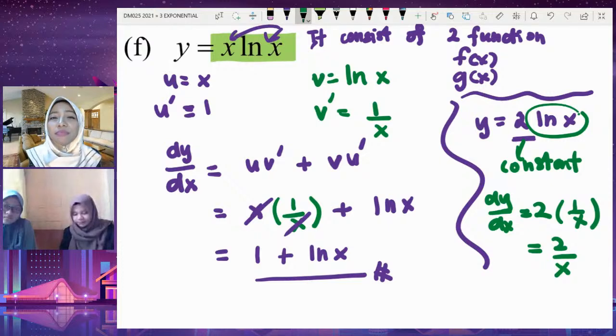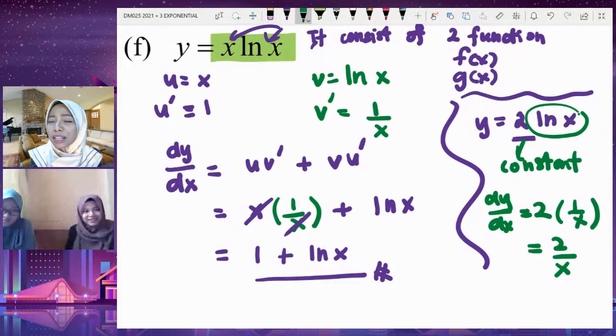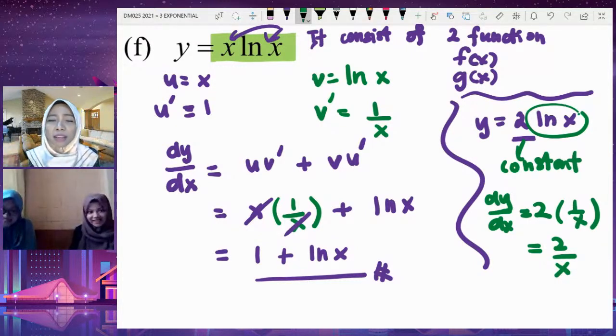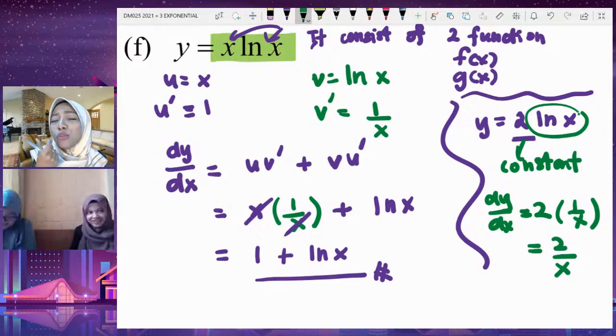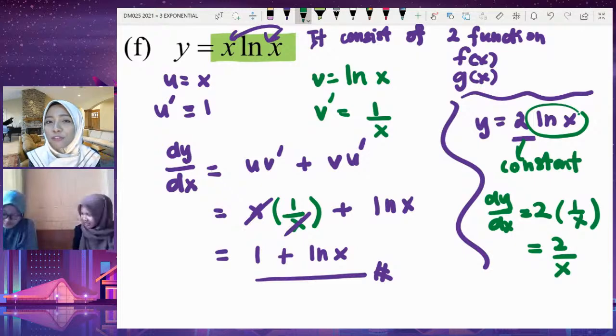Okay? So it's very crucial for you to identify what kind of function you have. It's either a polynomial, but when you have ln, you are using log properties. And now we have x ln x, meaning we have two functions. It's not the same as when a constant is given at the front.